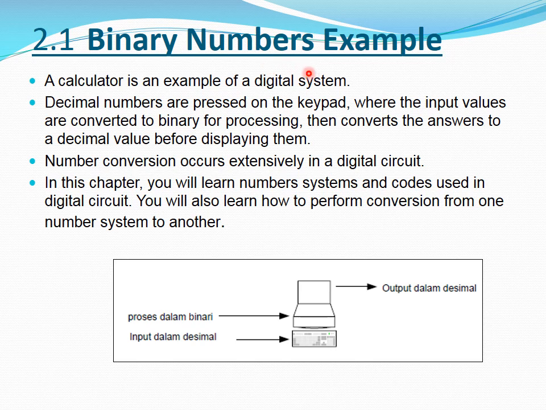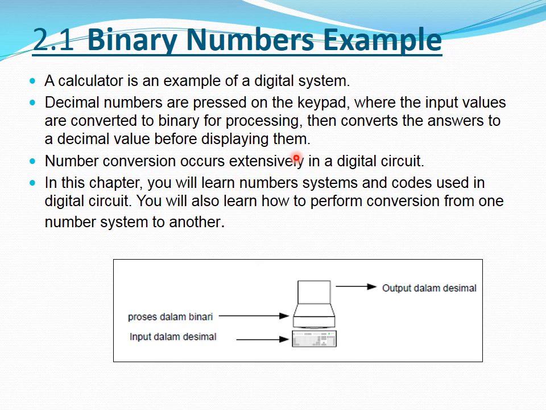Binary number example: a calculator is an example of a digital system. The decimal numbers are pressed on the keyboard, where the input values are converted to binary for processing, then the answer is converted into a decimal value before displaying it.